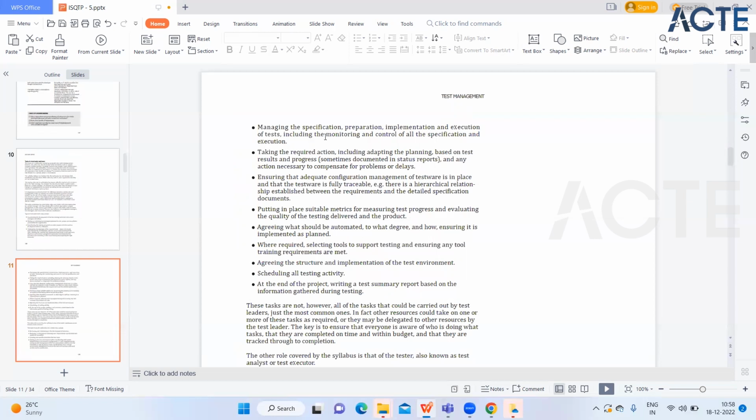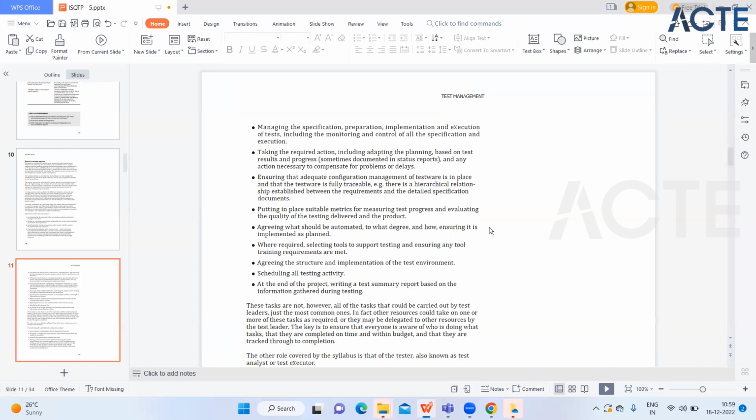Managing the specification, preparation, implementation, and execution of tests, including the monitoring and control of all the specification and execution. So they have to check this as well. For example, a particular report they have to prepare after the test execution is complete.